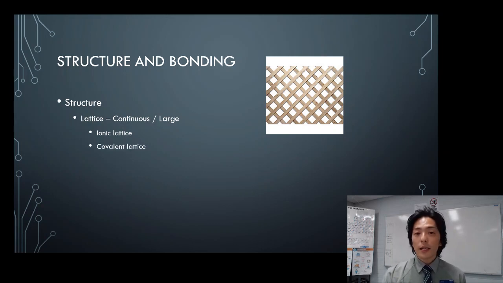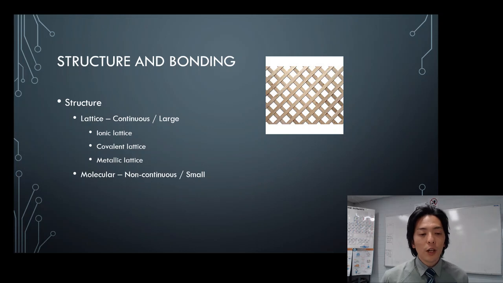Ionic lattice can happen, covalent lattice can happen, metallic lattice can happen as well. That's three different types of structure that I mentioned in the things to be covered in this video. Another structure type is molecular structure, which is not continuous and it's much smaller.